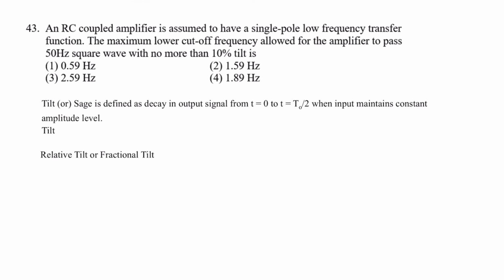An RC coupled amplifier is assumed to have a single pole low frequency transfer function. The maximum lower cutoff frequency allowed for the amplifier to pass a 50 Hz square wave with no more than 10% tilt is? The tilt or sag is defined as the decay in the output signal from t = 0 to t = T0/2 when the input maintains a constant amplitude level.